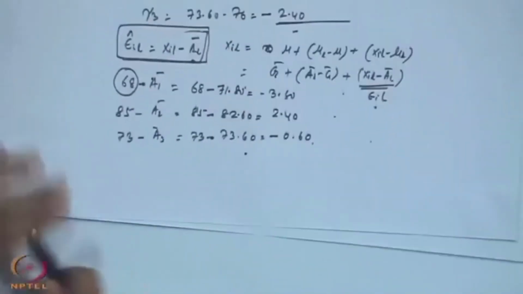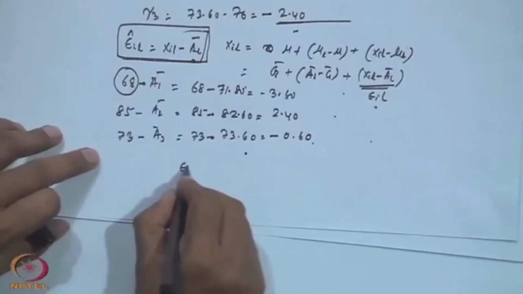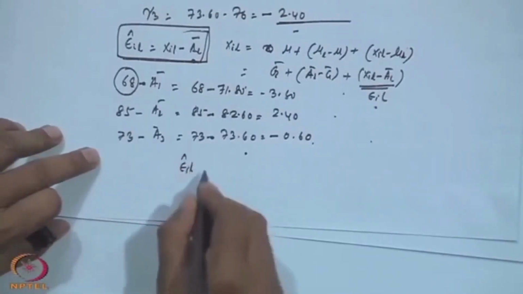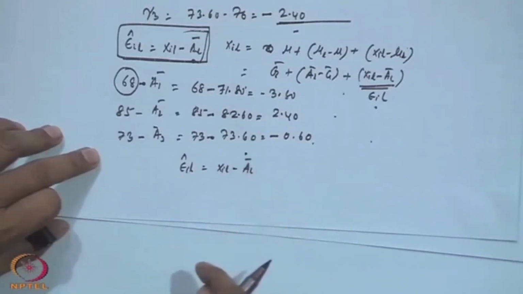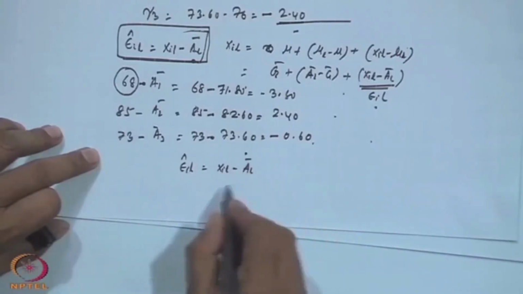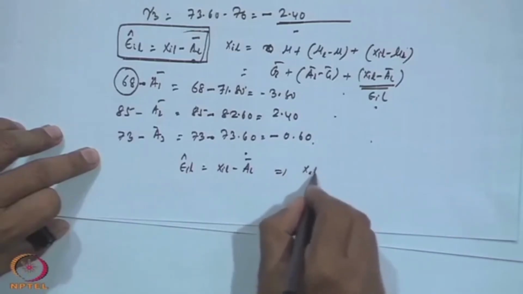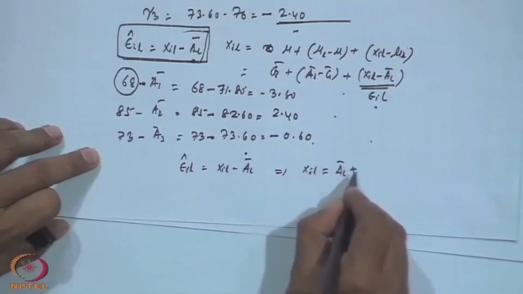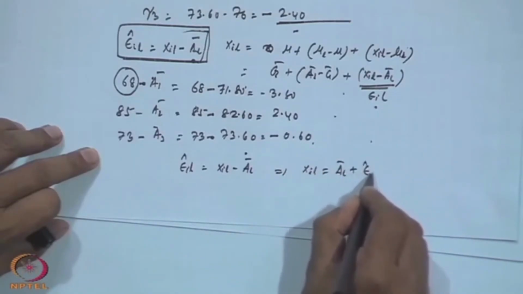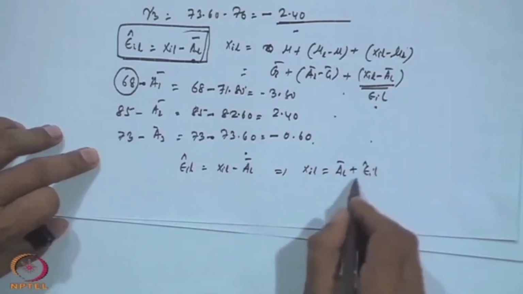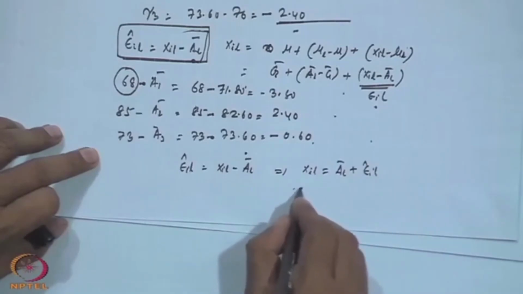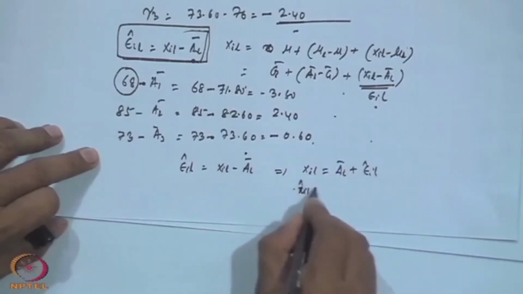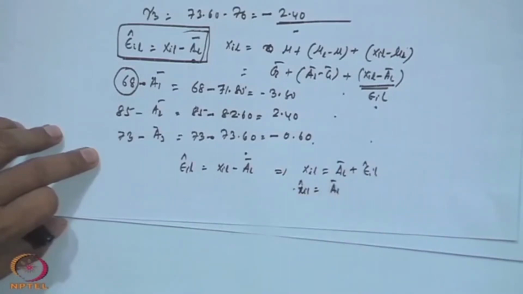We have written here that epsilon IL is XIL minus AL bar. So, that means XIL equals AL bar plus epsilon IL. Fitted value means without error. So, I can say the XIL fitted value is AL bar.